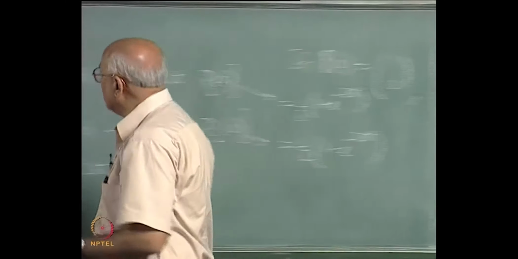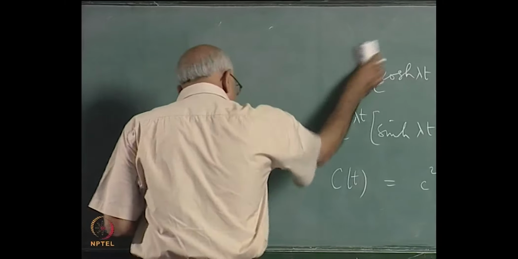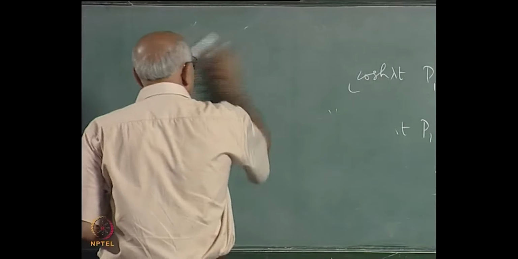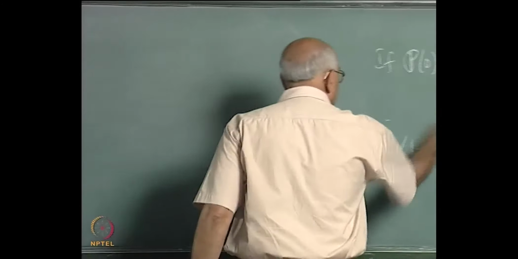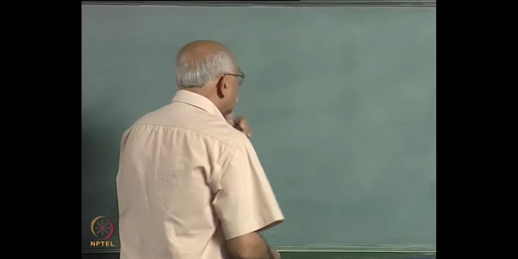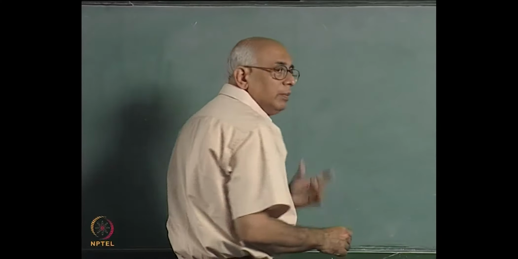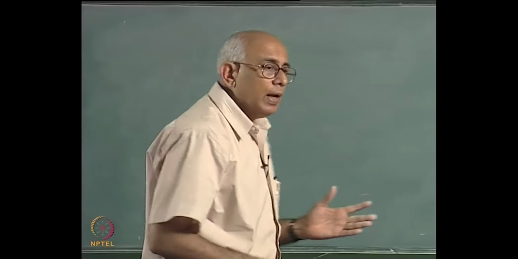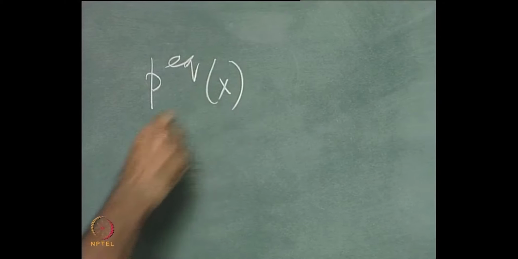We could make things a little more complicated. You could say, well, and this is a very popular process, so let me mention that. There is a class of jump processes where you end up with the following situation. The variable x takes on a continuous set of values and there is some equilibrium state, there is some equilibrium distribution p equilibrium of x, some equilibrium probability density.